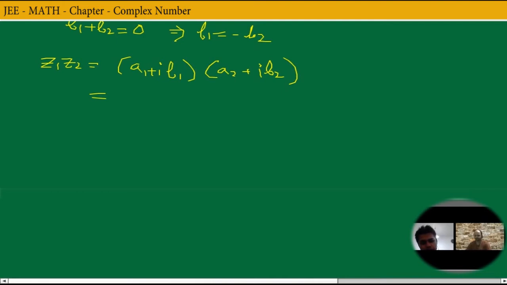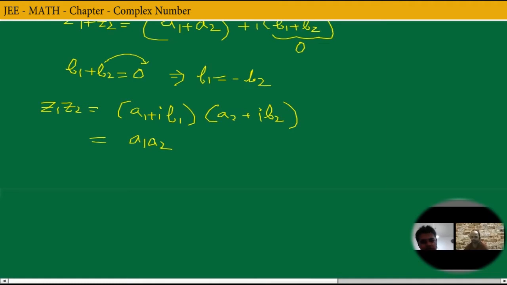A1 A2, plus A1 IB2, so I A1 B2. After that IB1 A2, so I B1 A2, where we have factored out I. What would be the other part?